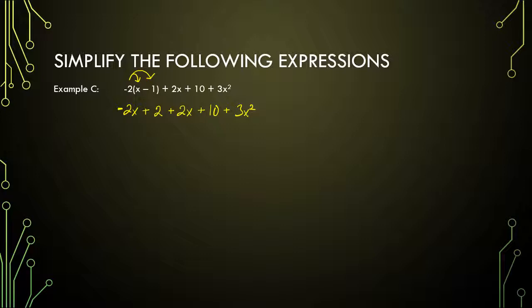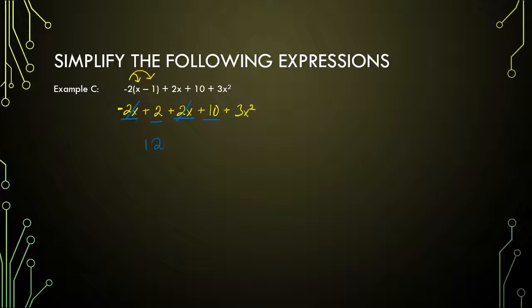Now that we've distributed, the next thing we would like to do is combine like terms. Negative 2x, positive 2x. They create 0. And to show that I'm creating a 0, what I'm going to do is cancel those. Positive 2, positive 10 make 12.